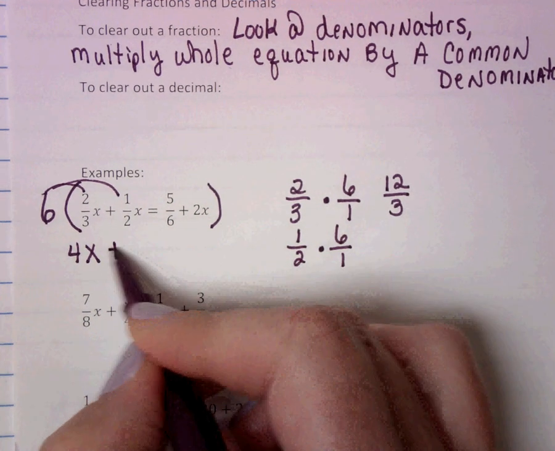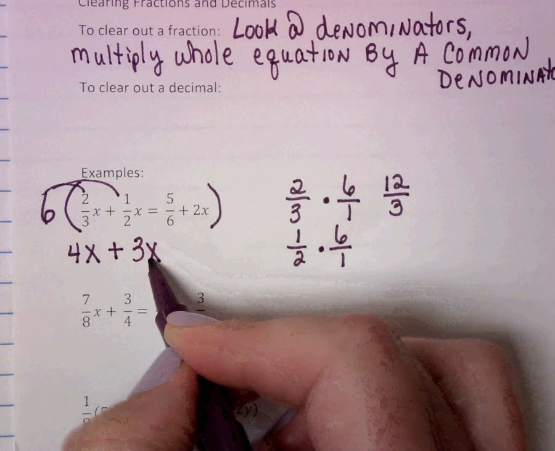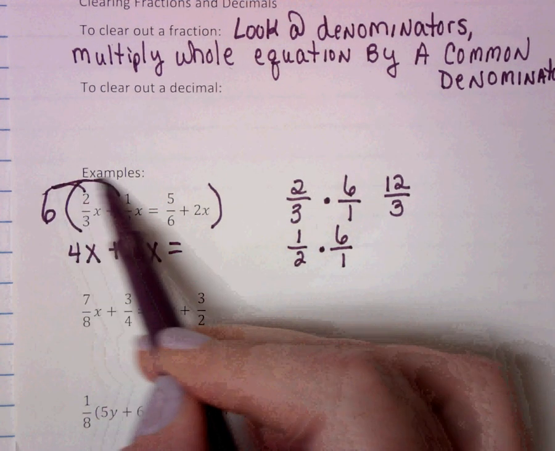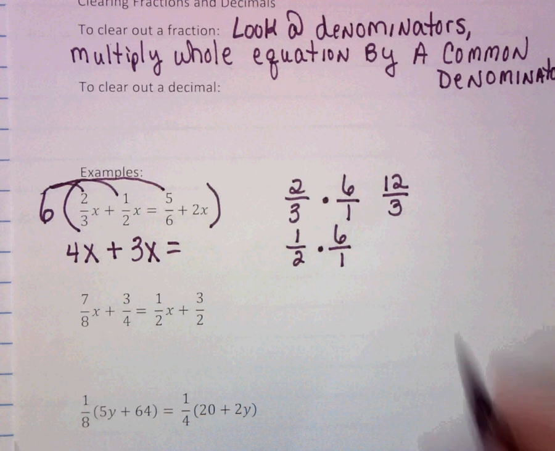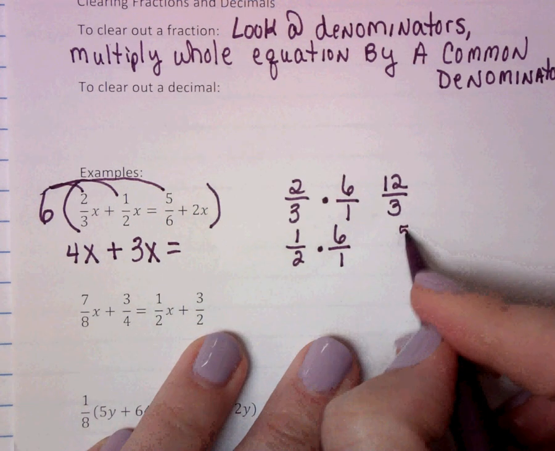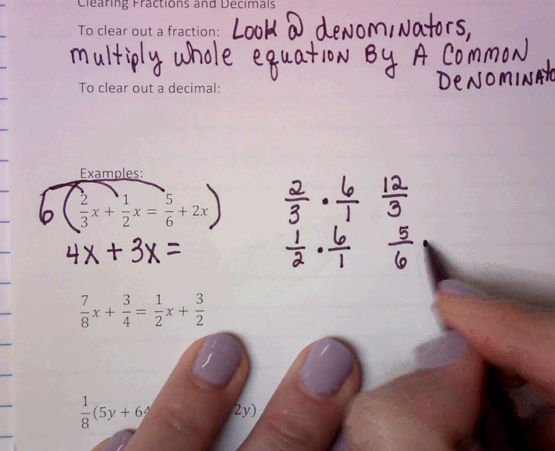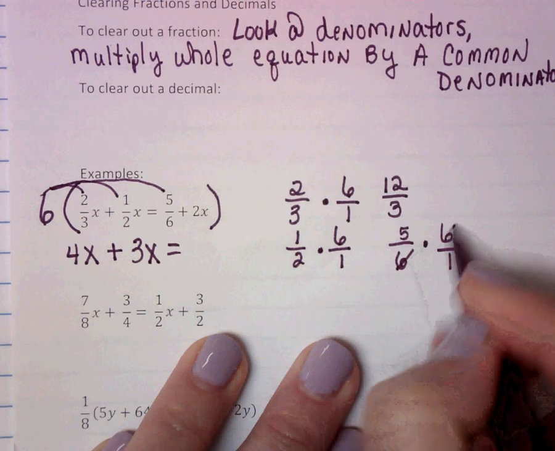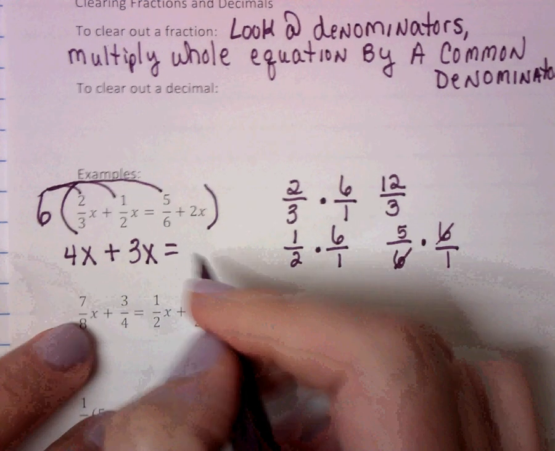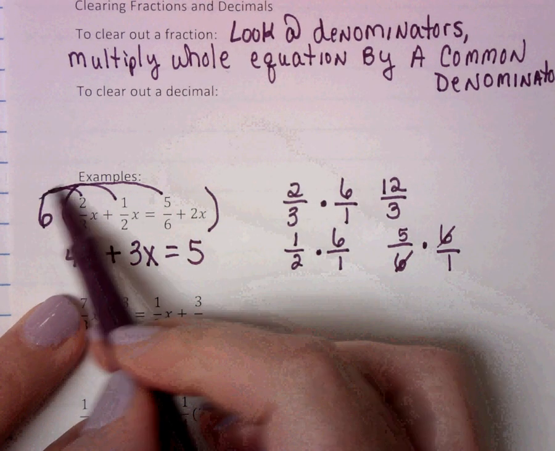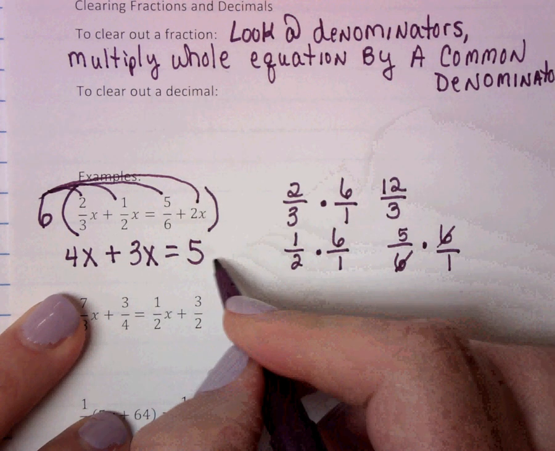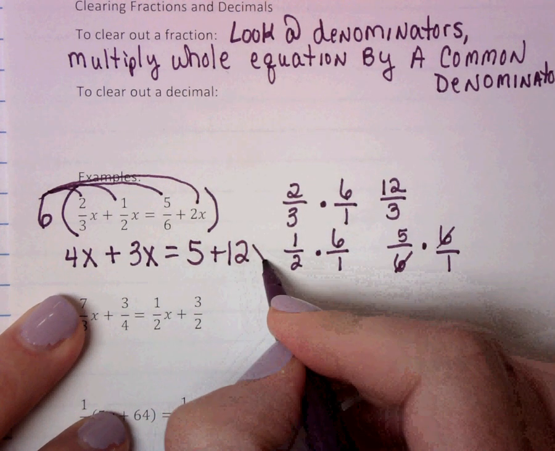So now I have plus 3x equals, and every term gets multiplied, even if it doesn't have a fraction. 6 times 5/6, notice that's just going to cancel out. So we get 5, and then I also have to do 6 times 2x, which is 12x.